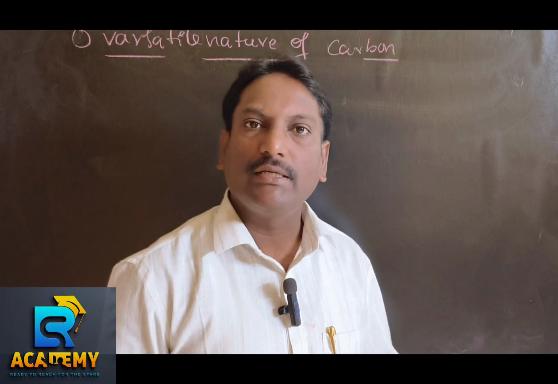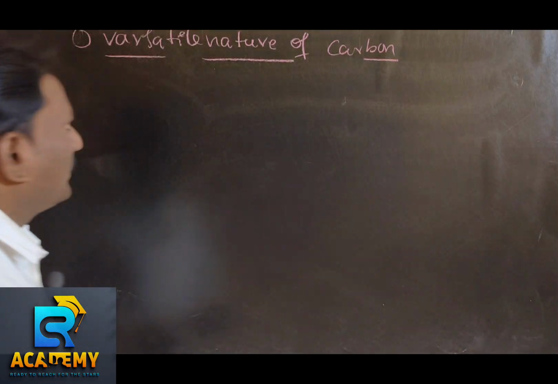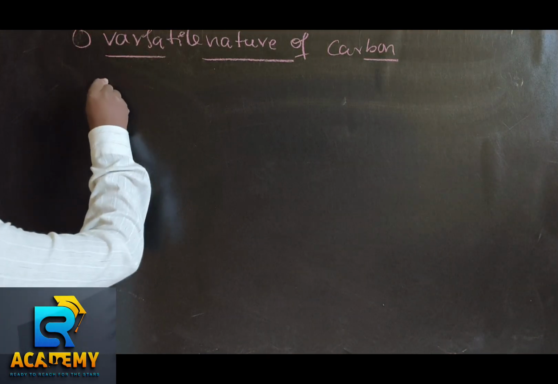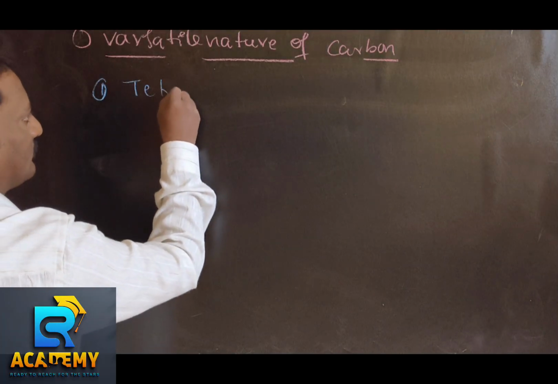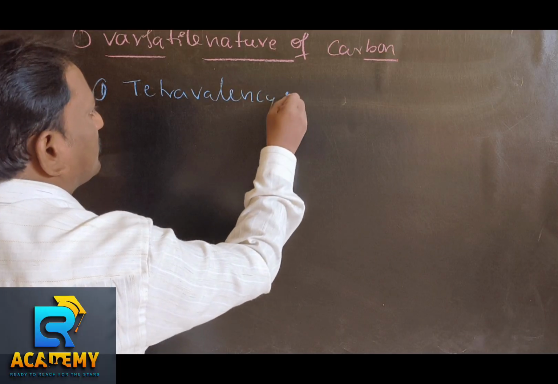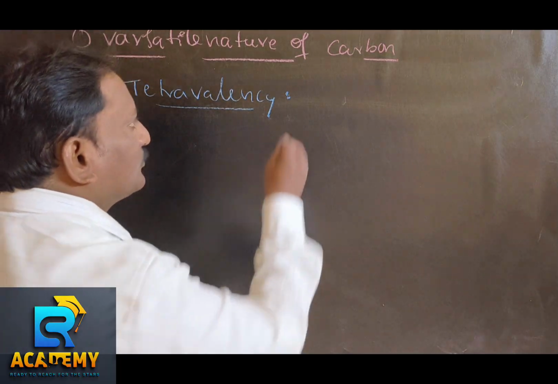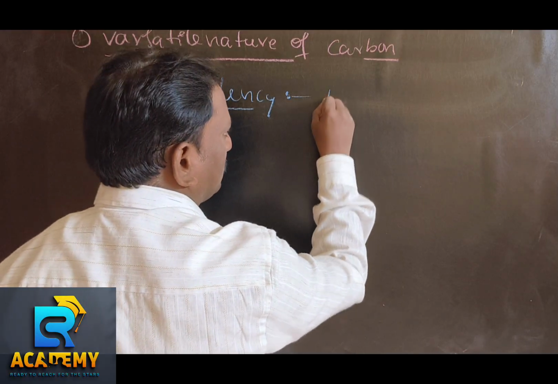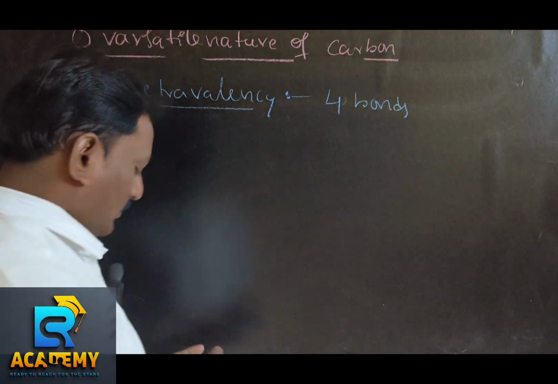Versatile nature means unique properties of carbon. Carbon has two unique properties. One is tetravalency. Tetravalency means carbon gives 4 bonds with neighboring atoms.